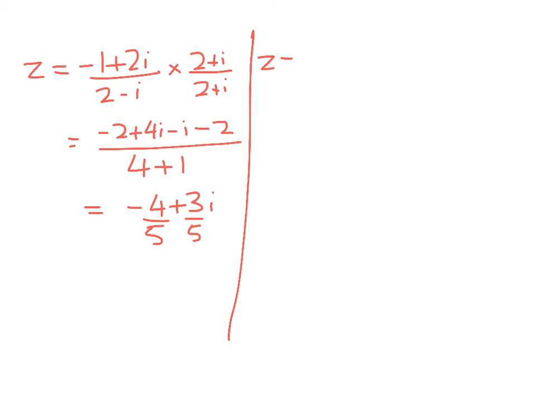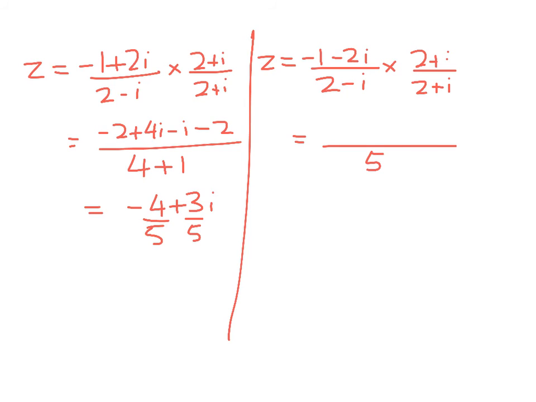And here we get z equals negative 1 minus 2i over 2 minus i times 2 plus i over 2 plus i. So again we've got a denominator which is going to be 5.